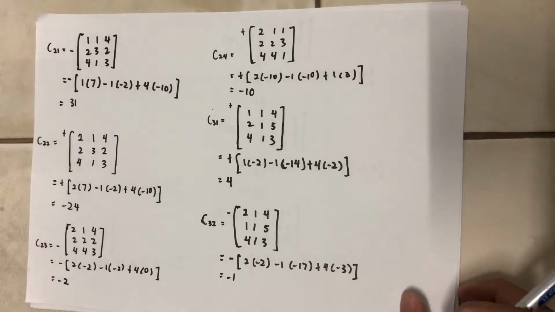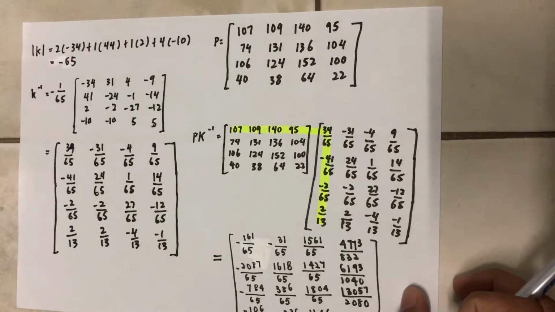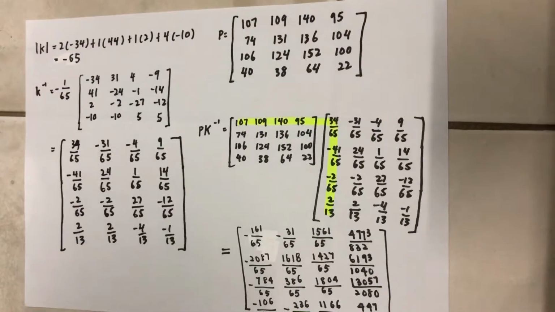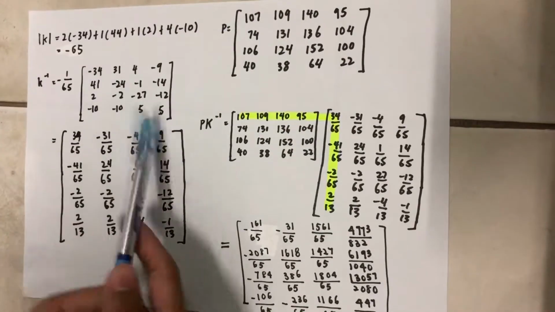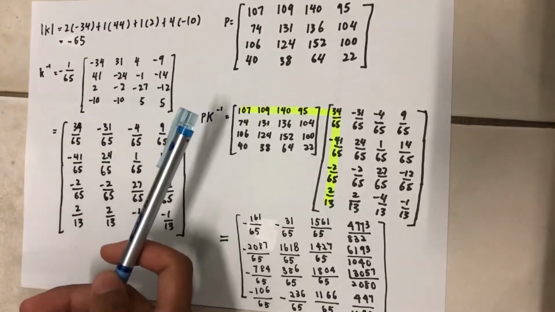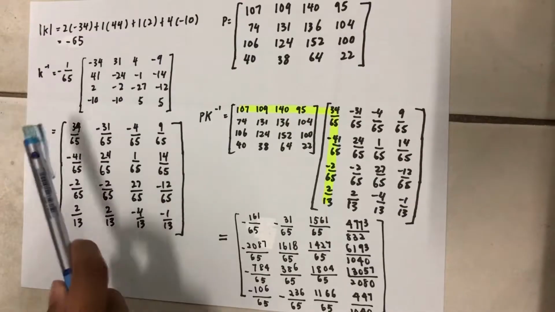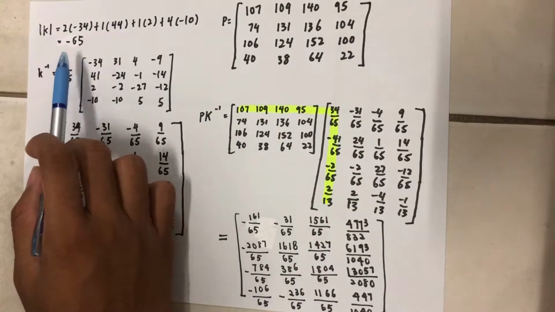So the next step, after we find all the cofactors of the adjoint of K1, we have to find the determinant of the original K 4x4 matrix, which is negative 65.